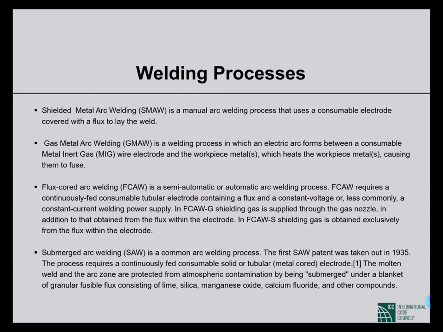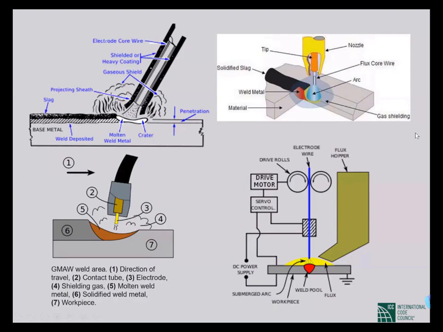Let's see some pictures. At the top left, that's stick welding, that SMAW, the usual type of welding, manual arc welding. Top right is the one with MIG, metal inert gas welding.